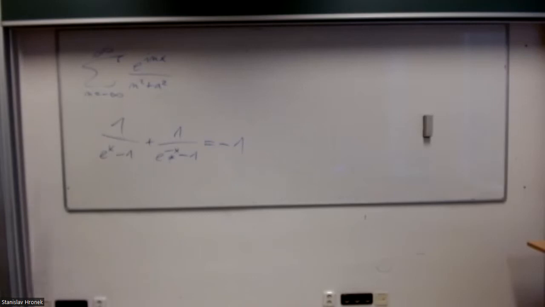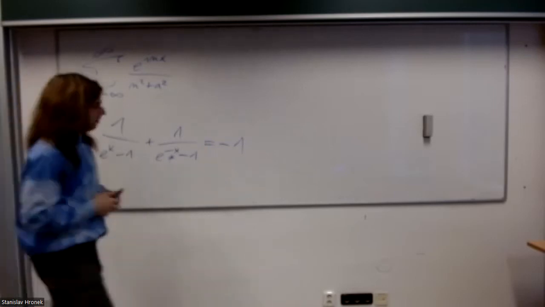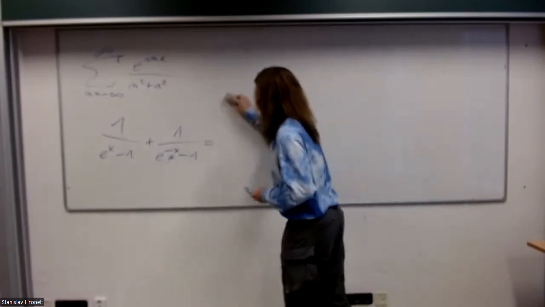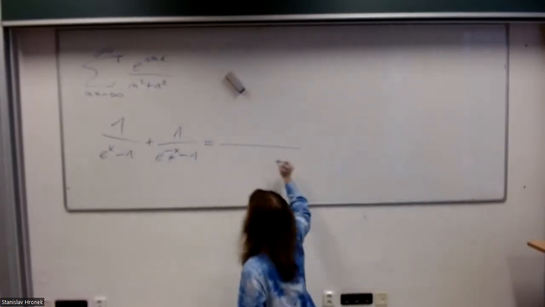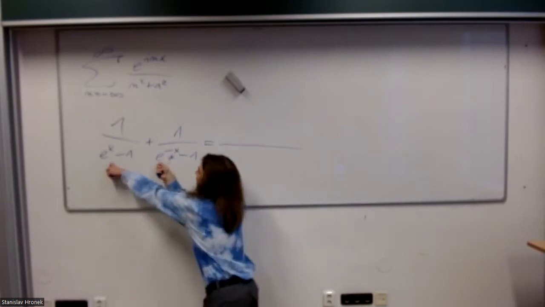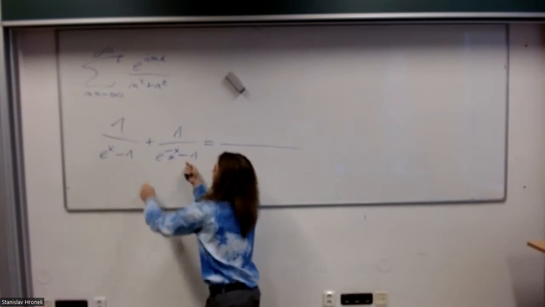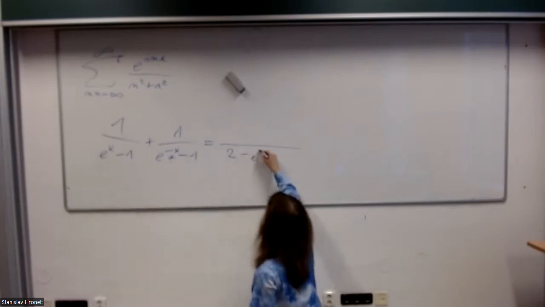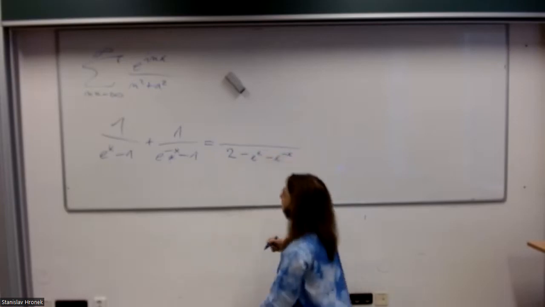Now, why does that work? It's not very hard to just add up those fractions. In the denominator, we get these two multiplied together, that is 1, minus 1 times minus 1 is another one, and then we have minus e to the x minus e to the minus x.